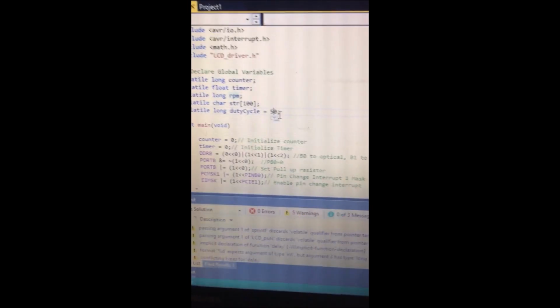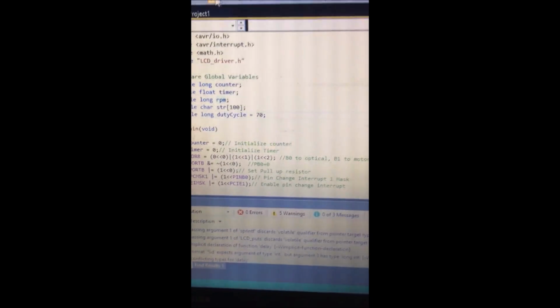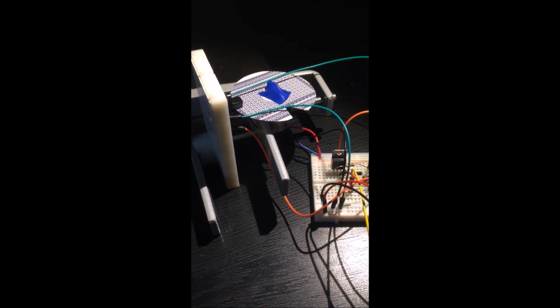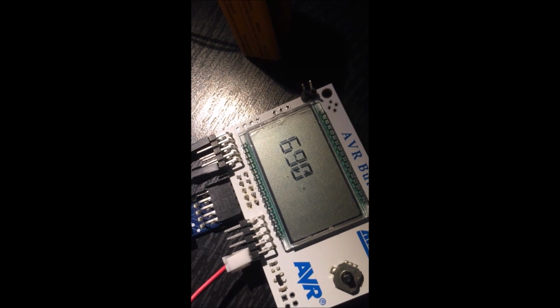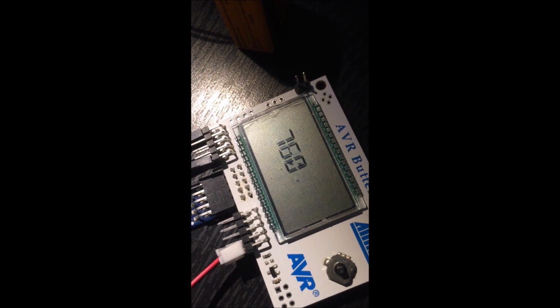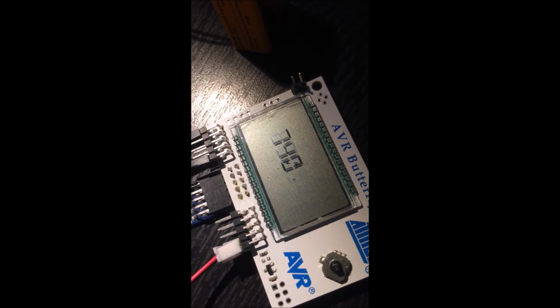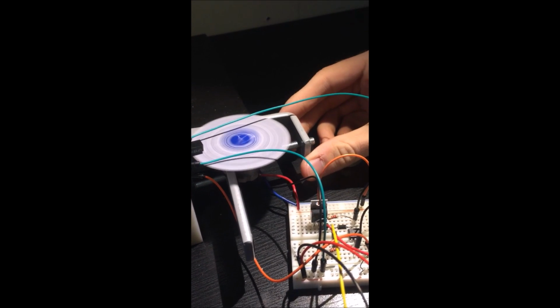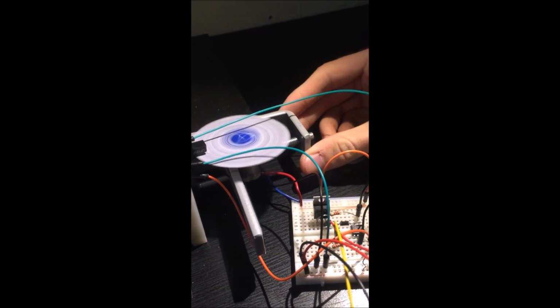All right, change the duty cycle to 70. Now we're at about 700 revolutions per second. It's kind of jumping around. It jumps around a lot because the time period's so small. Sometimes it doesn't get the full slit in the time period.